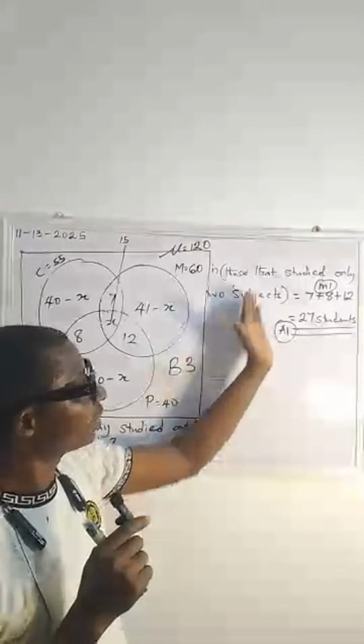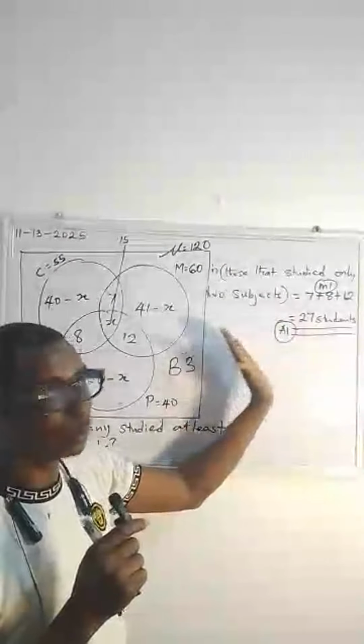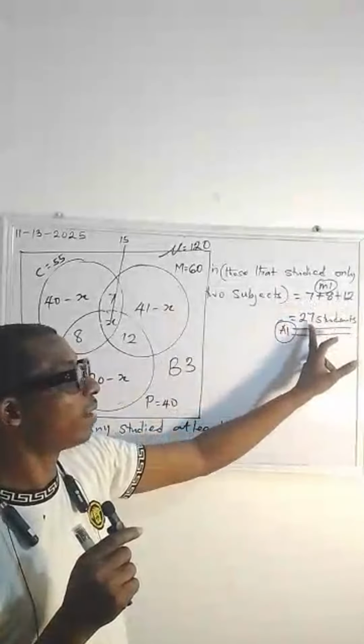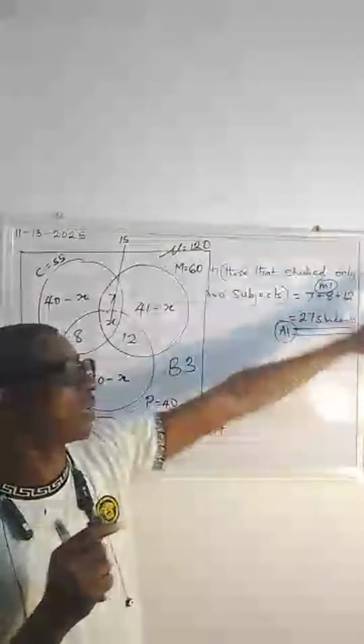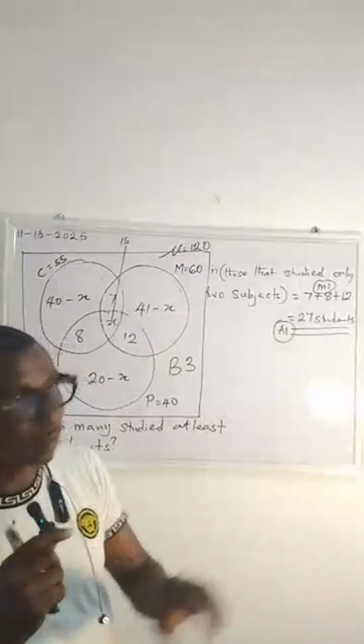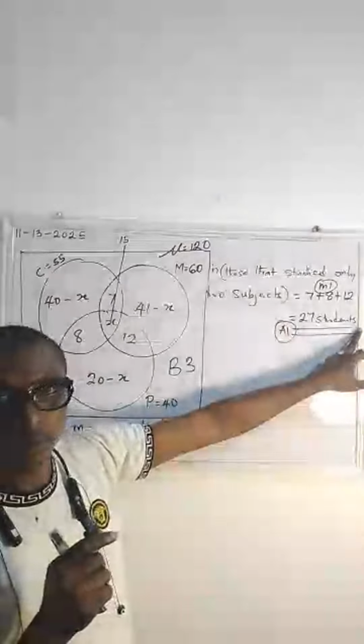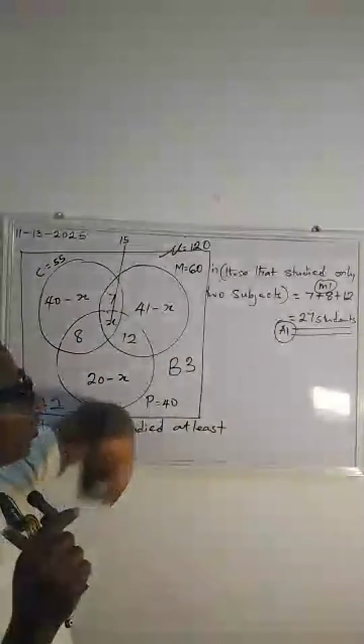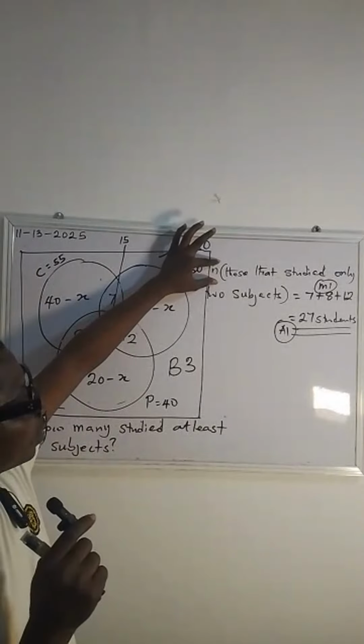If you are given this type of question in an exam, you're expected to show your workings, how you arrive at 27. Don't just jump at 27. And don't forget, always remember to put your units.